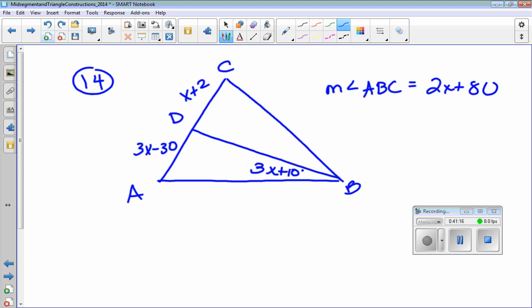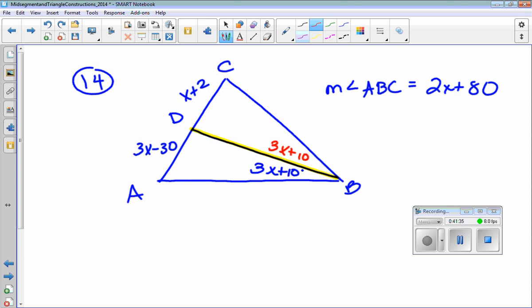Angle bisector is key. All right, Sophia said it first. Go ahead, Sophia. Tell me what you think. Is 3x plus 10 going to be double? Yes. Very good. If this is an angle bisector, what she's saying is that this is also 3x plus 10. Would you agree with that?